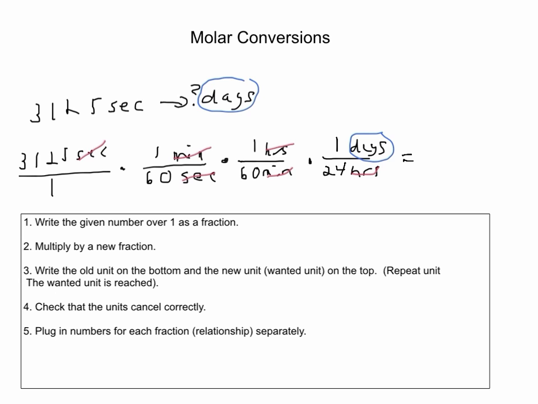I can then multiply across the top, multiply across the bottom, and get the final answer of 0.036 days. And this is my final answer. Again, I make sure that my unit is included.